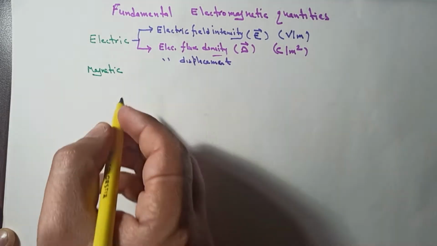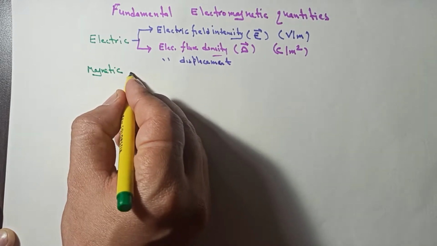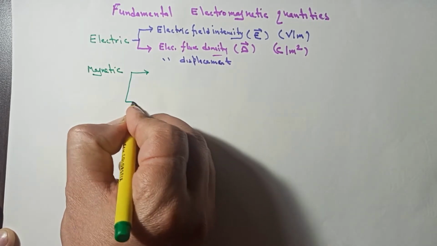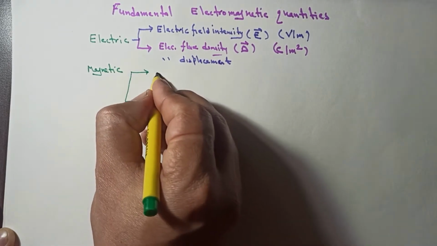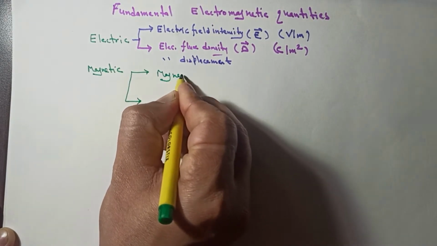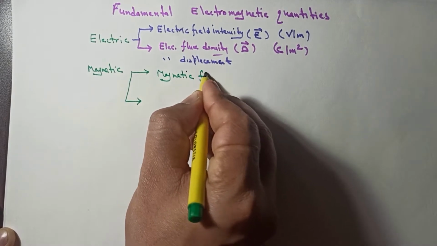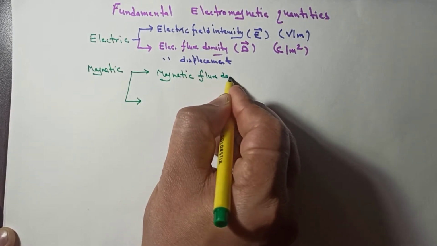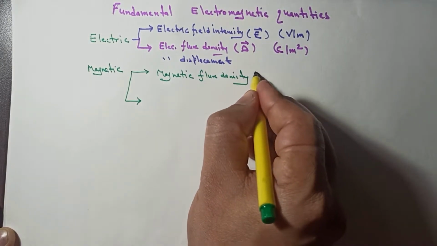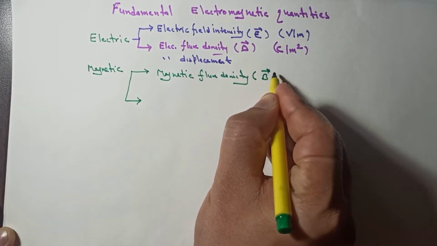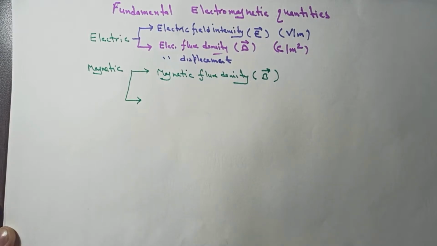And similarly we have two magnetic quantities. The first one is magnetic flux density. Okay, this is B. Now you need to remember this B is magnetic flux density.